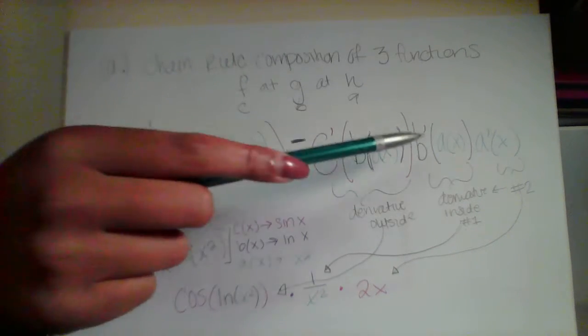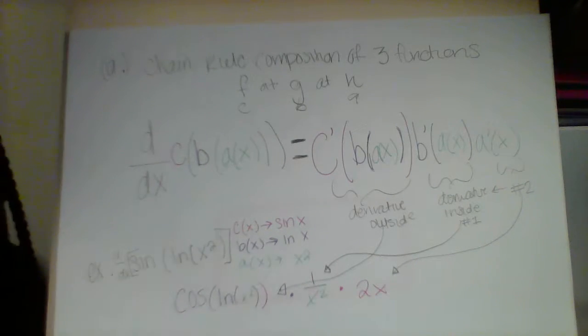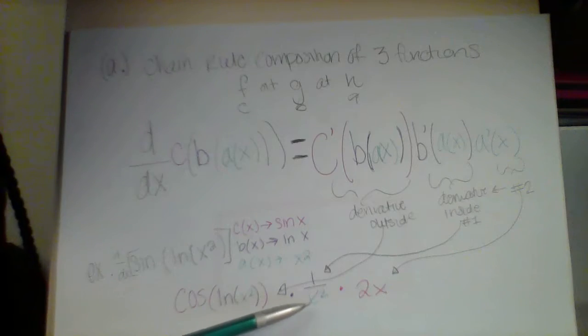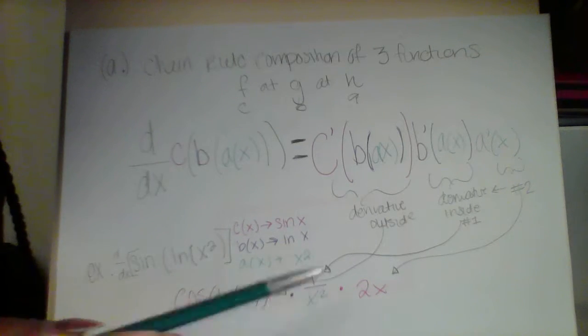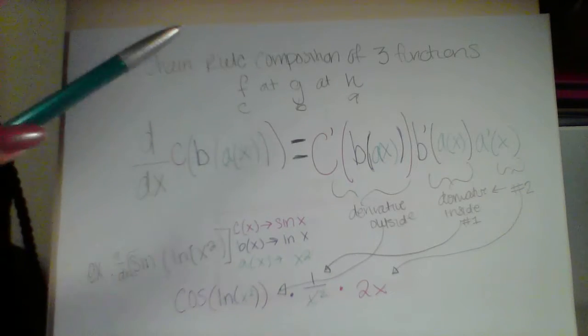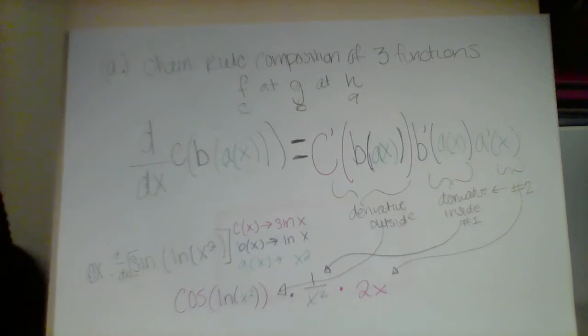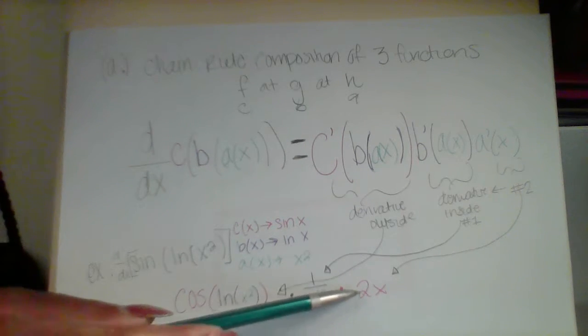Derivative of your b of x, your next inside, is the derivative of ln x, which is universally known as 1 over x, and so your x here is x squared, so it'll be 1 over x squared. And then the derivative of your absolute inside, which is your a of x, x squared, is just naturally 2x. So your answer here will be cosine ln of x squared times 1 over x squared times 2x.